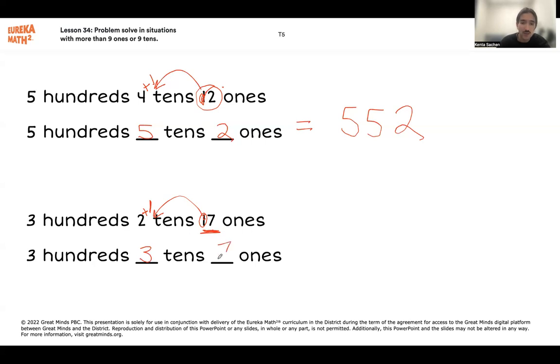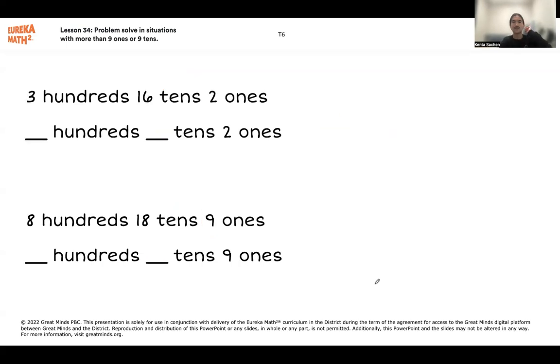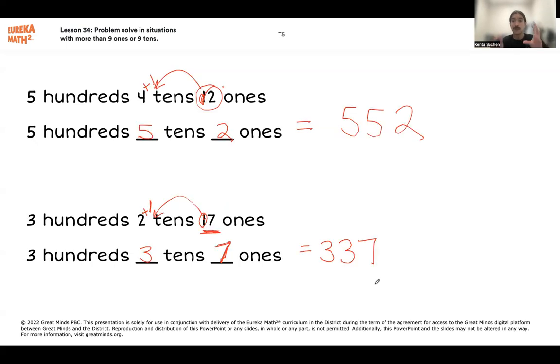And I have 7 ones left over. That's a 7. Sorry, it looks a little strange, but it's a 7. So what number is that? 3 hundreds, 3 tens, 7 ones. Morani? Yeah, 337. Awesome.